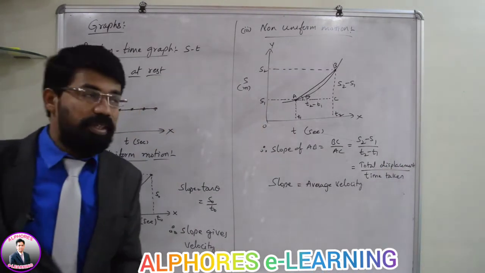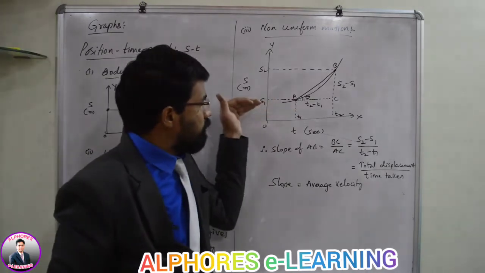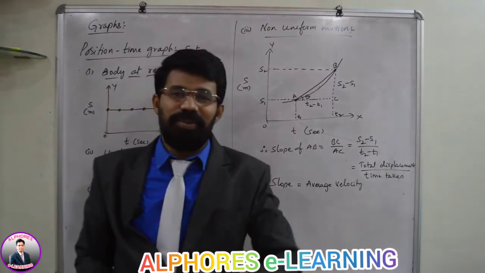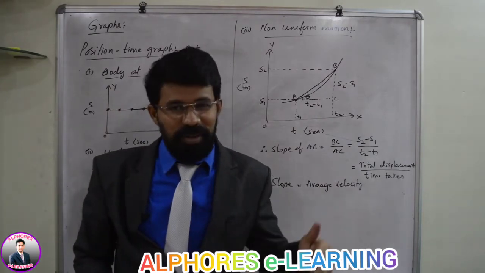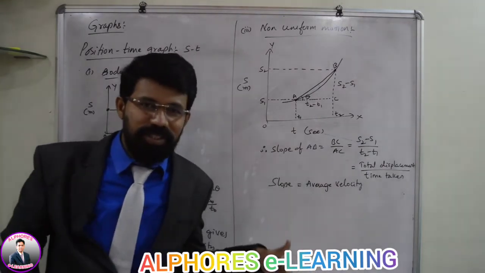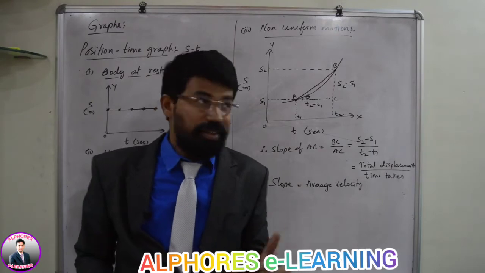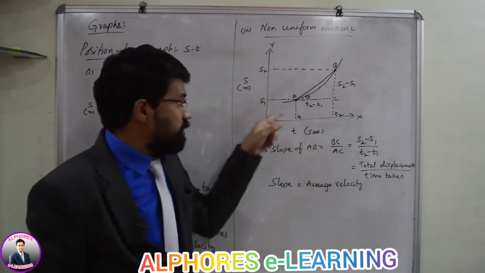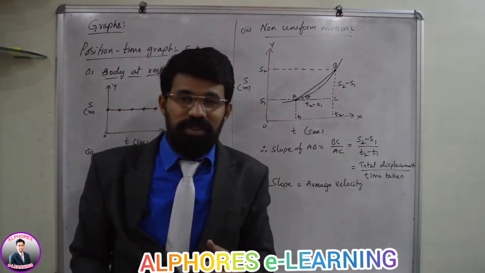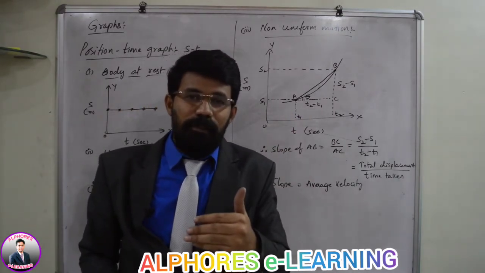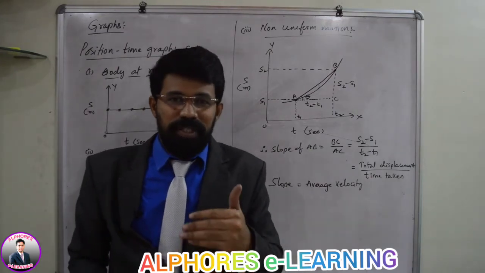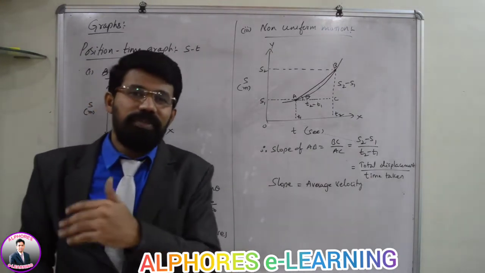See, if a curve is seen in a position time plot, that doesn't mean the body is traveling along a curved path. I'll assume that the body is traveling along a straight line. Is such a curve not possible? It's possible. This kind of curve is possible if the body is covering unequal displacements in equal intervals of time or equal displacements in unequal intervals of time.